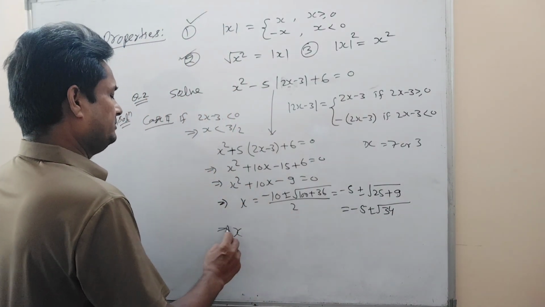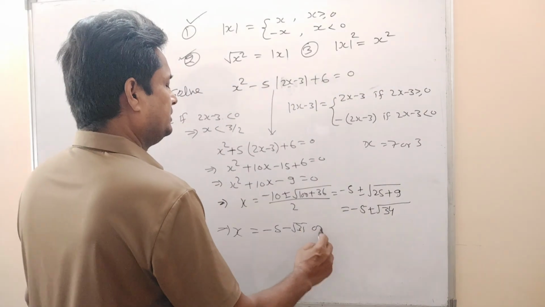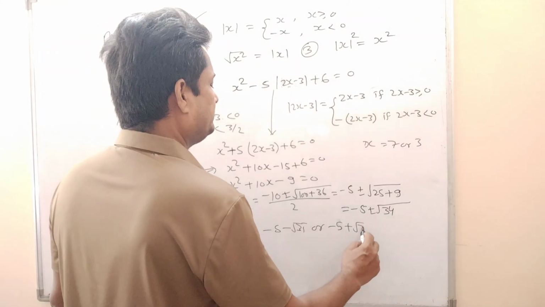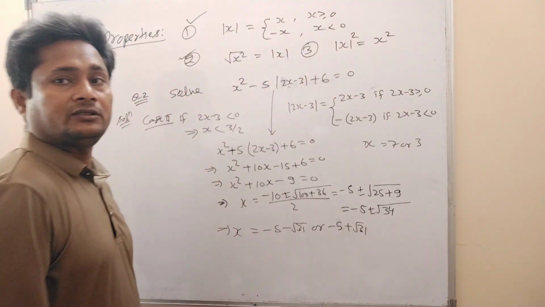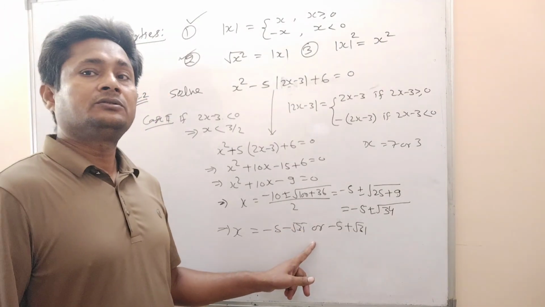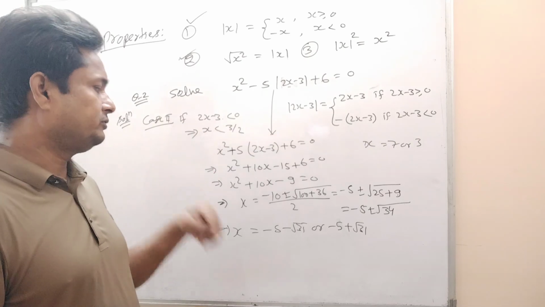So the answers are minus 5 minus root 34 or minus 5 plus root 34. These are the two answers in case second, but these two answers should lie in the interval x less than 3 by 2. So we have to check.